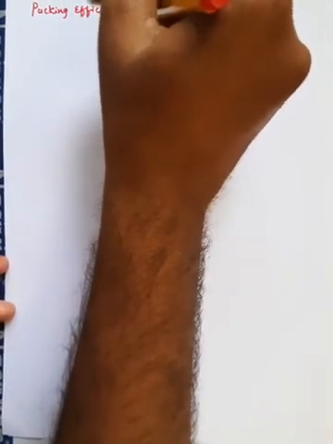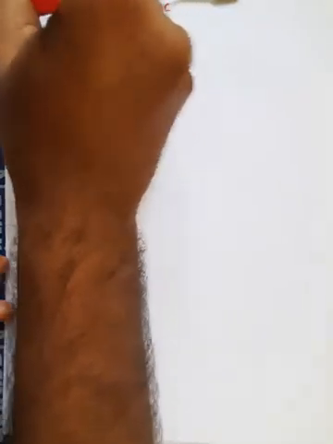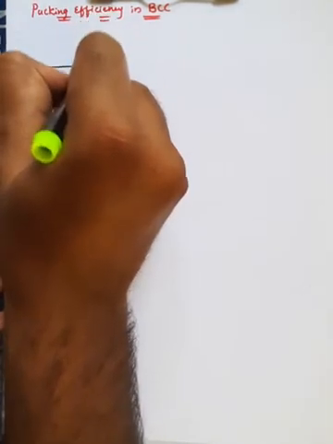BCC means body centered cube, right? So what might be the packing efficiency in case of body centered cube? Again, I will draw the cube for the derivation.